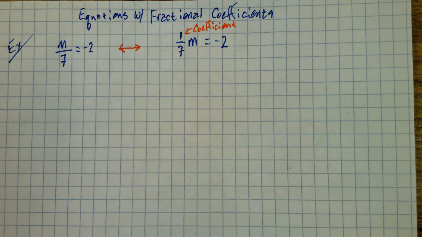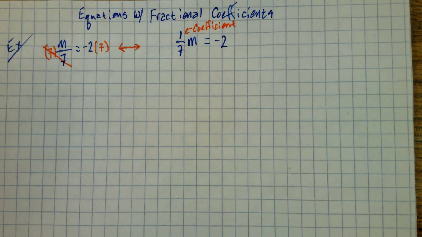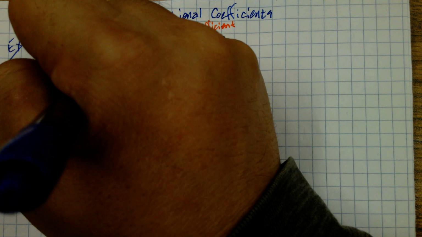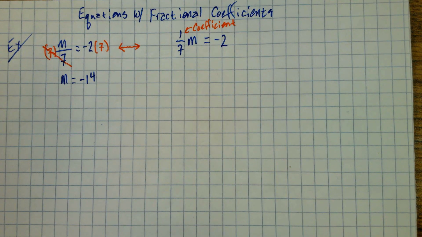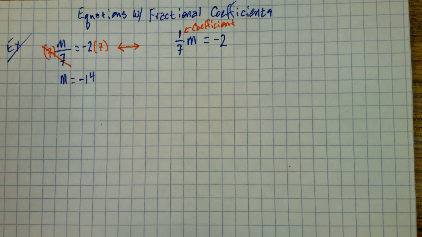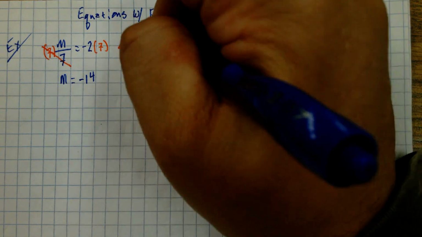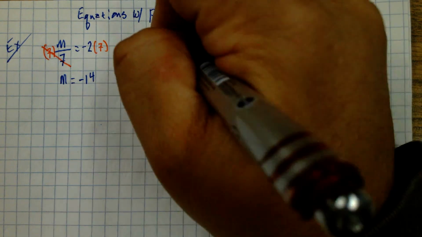Okay. Just realize that. And while we're at it, let's solve this. It's division, so we're going to multiply by 7 to cancel that. And then m is -14. Because -14 divided by 7 is -2. That means we're going to do the same thing here to solve this one.